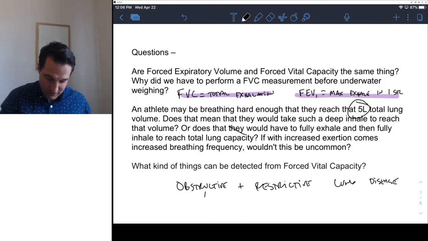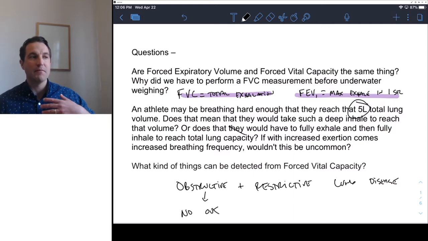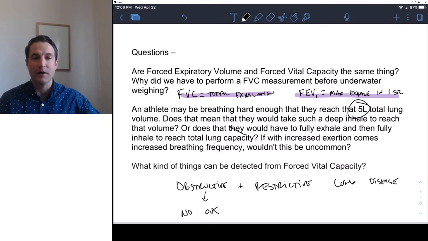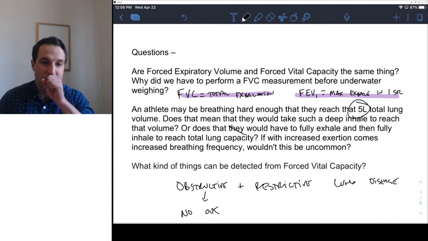Okay? And obstructive is trouble breathing out. You have a hard time breathing the air out. Think about obstruction of breathing. If you had to breathe through a straw, it would be very hard to breathe out.